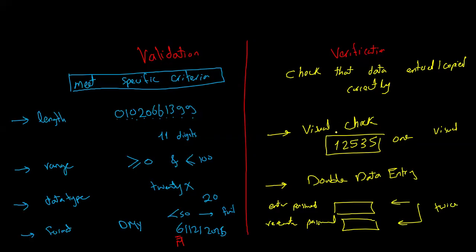In visual check, you check the error visually, but in double data entry, your computer will compare the two sets of data and make the check, but you will need to enter the data twice. Okay, so this is topic 2. We revised all of the topics which we have in topic 2.